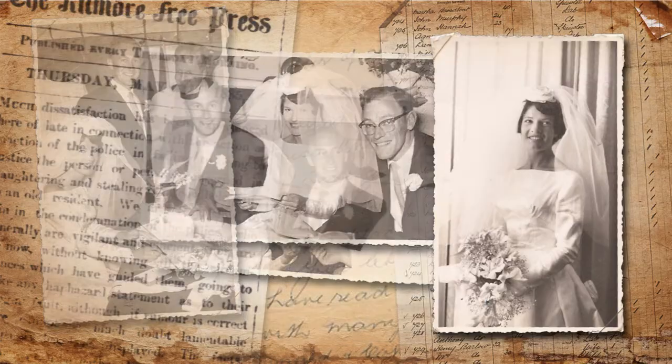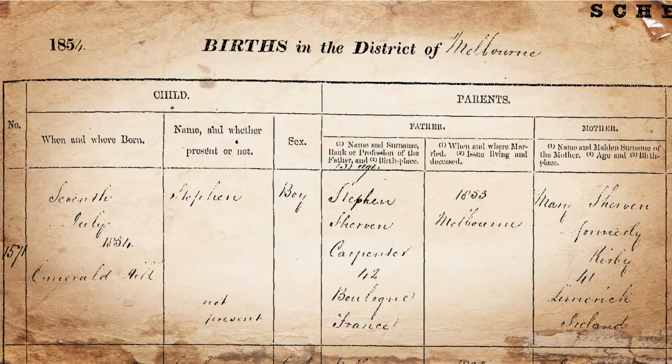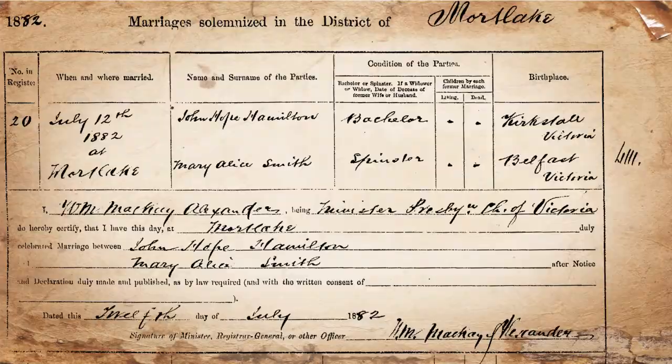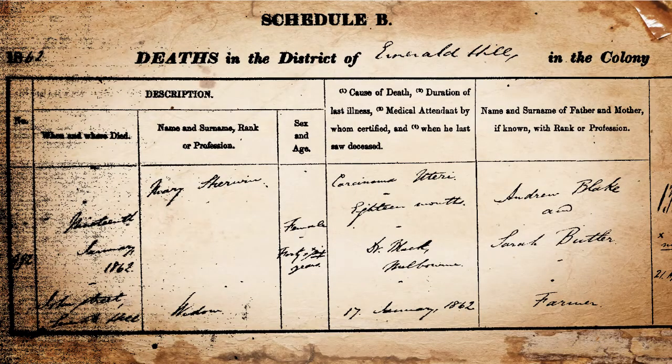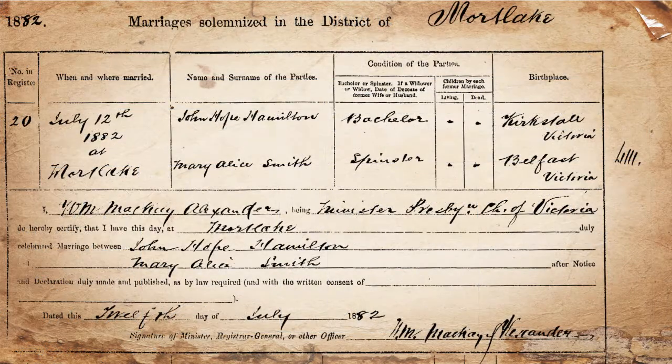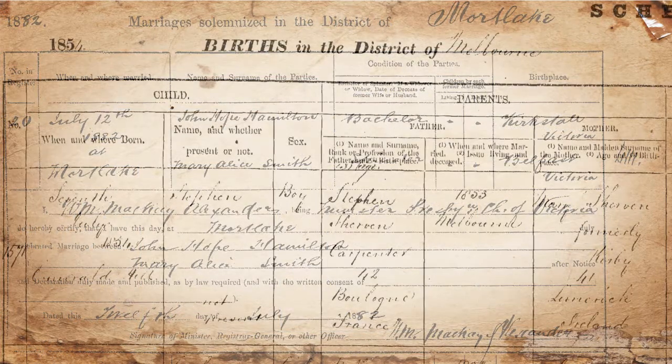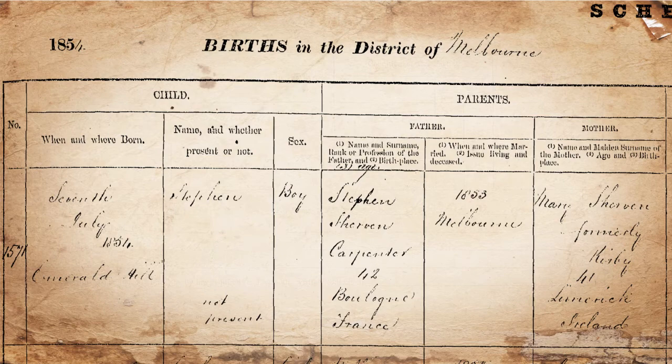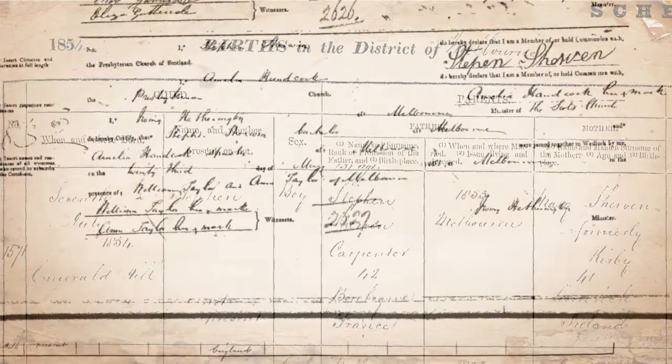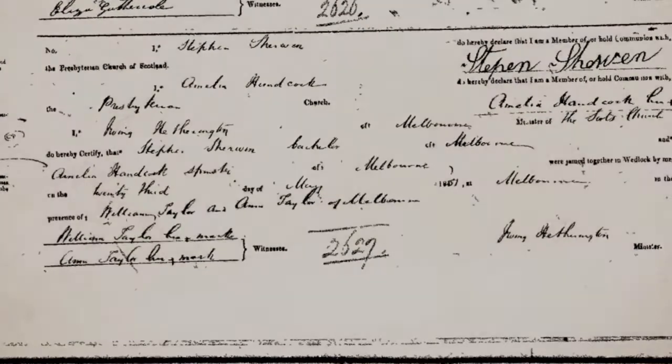The legal documents that are created from these records are birth certificates, marriage certificates, and death certificates. So when I use the term civil registration, this is what I'm referring to. These records remain the most important documents available to family historians researching their family tree. Knowing where they are held and how you can access them is very important.